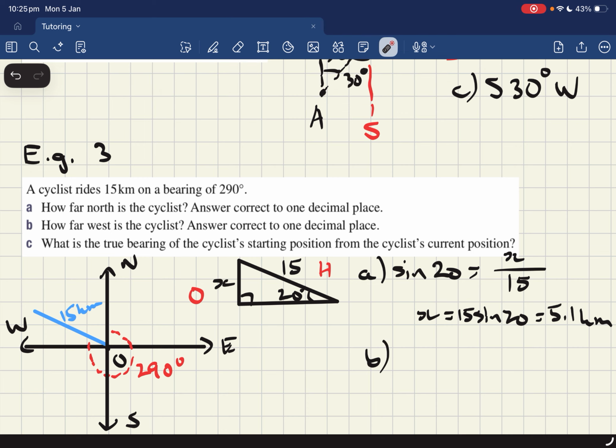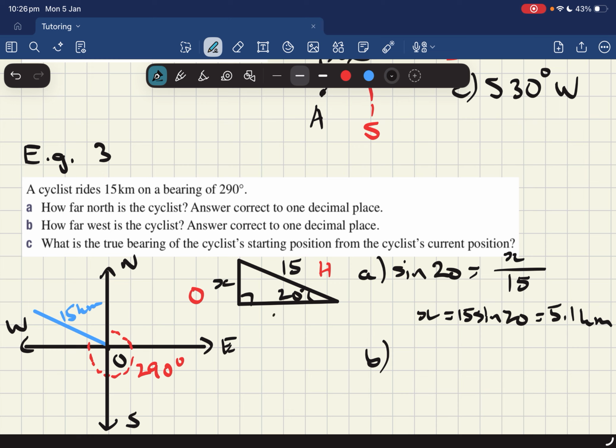Okay, part B, it's saying how far west is the cyclist. So this length here, how far west is the cyclist? We're looking for this guy here. So let's call that y. And this side y is the adjacent, okay? So when we have the adjacent and the hypotenuse, we're going to say that cos of 20 degrees equals y over 15.